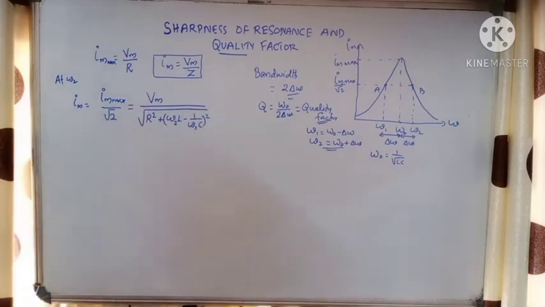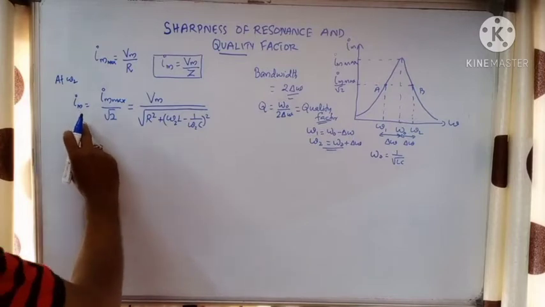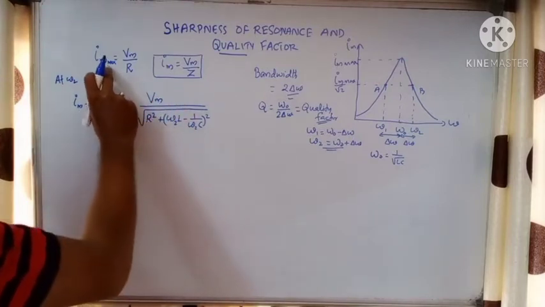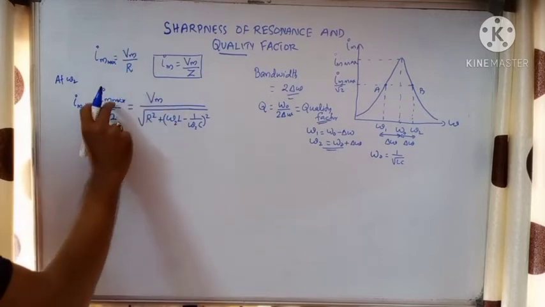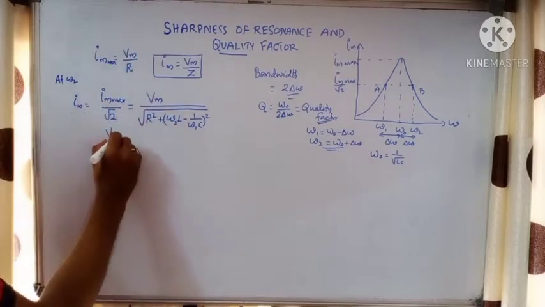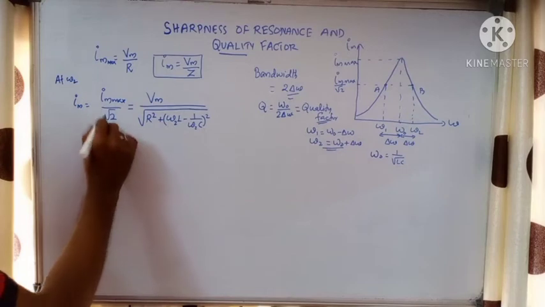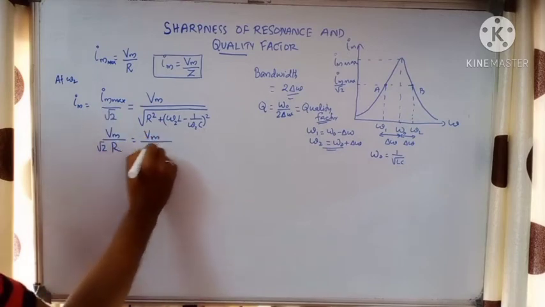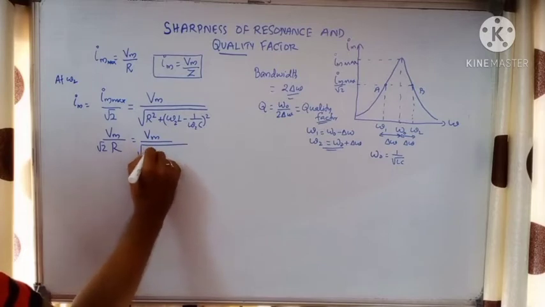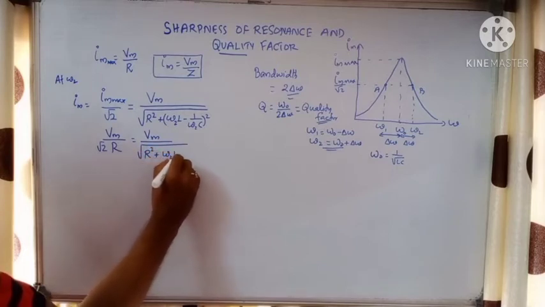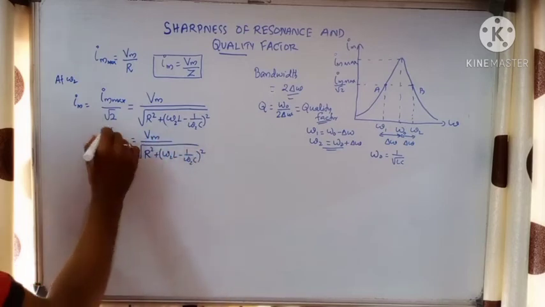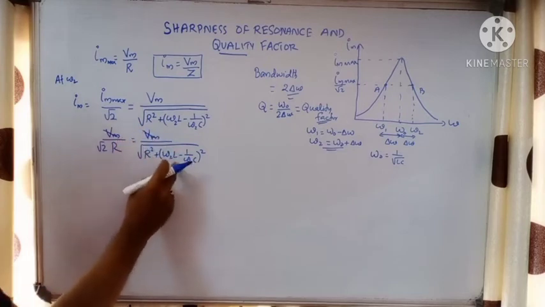Now the equation: Im max by root 2 is equal to Vm by root of R square plus omega 2 L minus 1 by omega 2 C, the whole square. Now what is Im max? Im max is Vm by R. Substituting here, we have Vm by R, then we have a root 2 also here. Then we cancel Vm and square both sides.